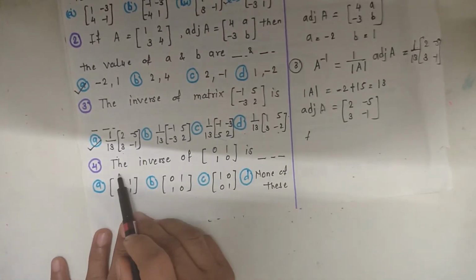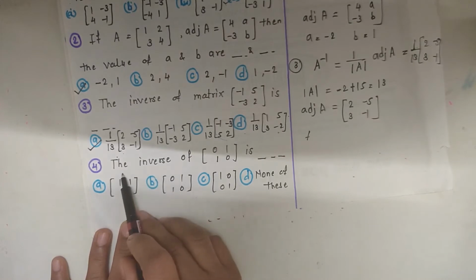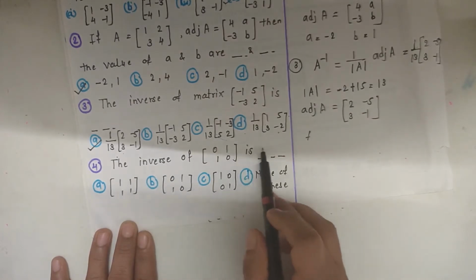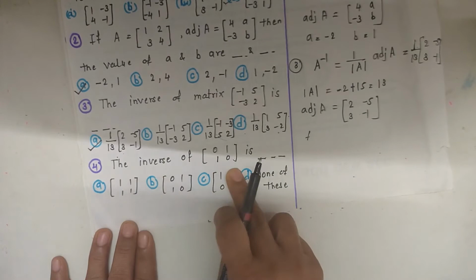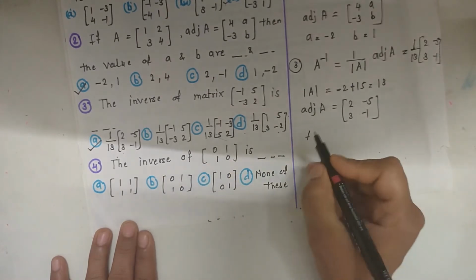Now the fourth MCQ is, the inverse of this matrix, again the inverse of the given matrix.